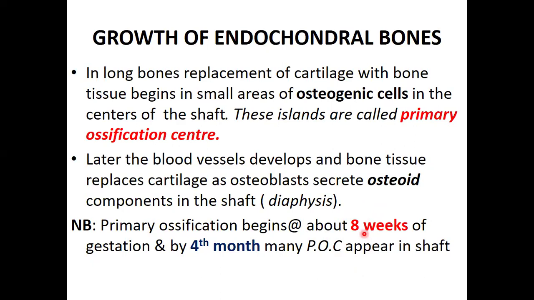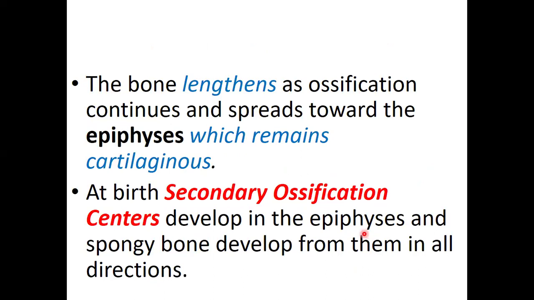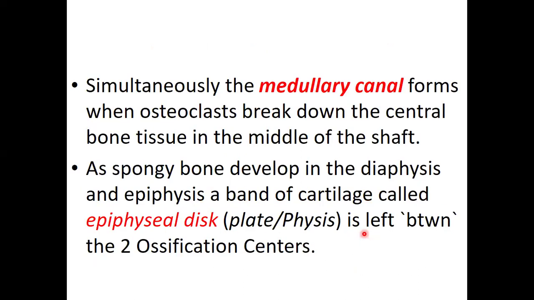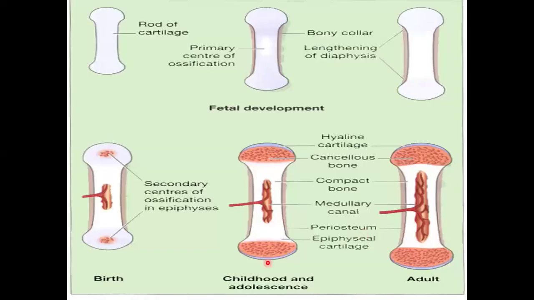So what happens to the bone is the outer covering of the cartilage blocks blood supply to the cartilage. So when blood supply to the cartilage is blocked, cells in the mid part of the cartilage, I'll use this diagram for easier explanation because you can see and follow easily rather than reading those words.